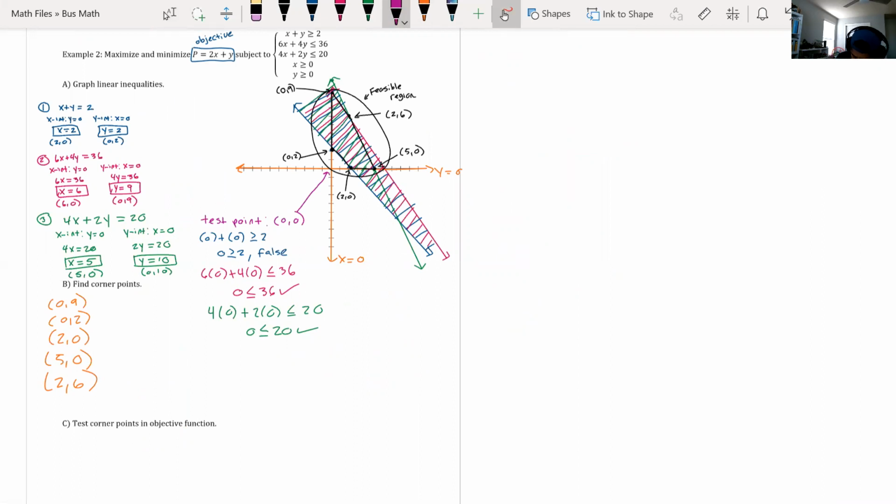So we start with 0, 9. P will be 2 times 0 plus 9, which will give me 9. Then 0, 2 will give me P equals 2 times 0 plus 2. I get 2.